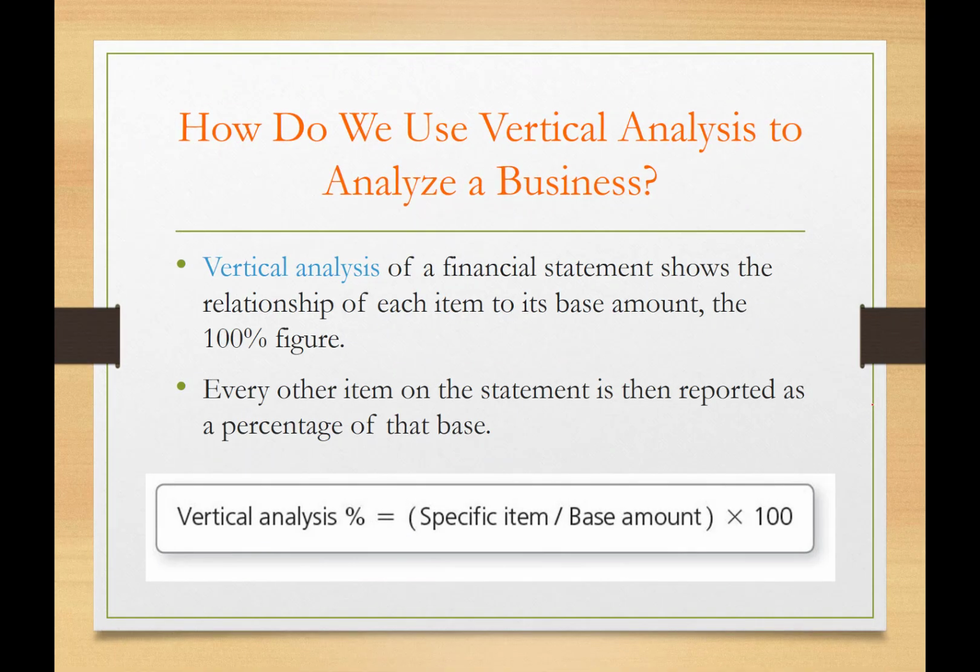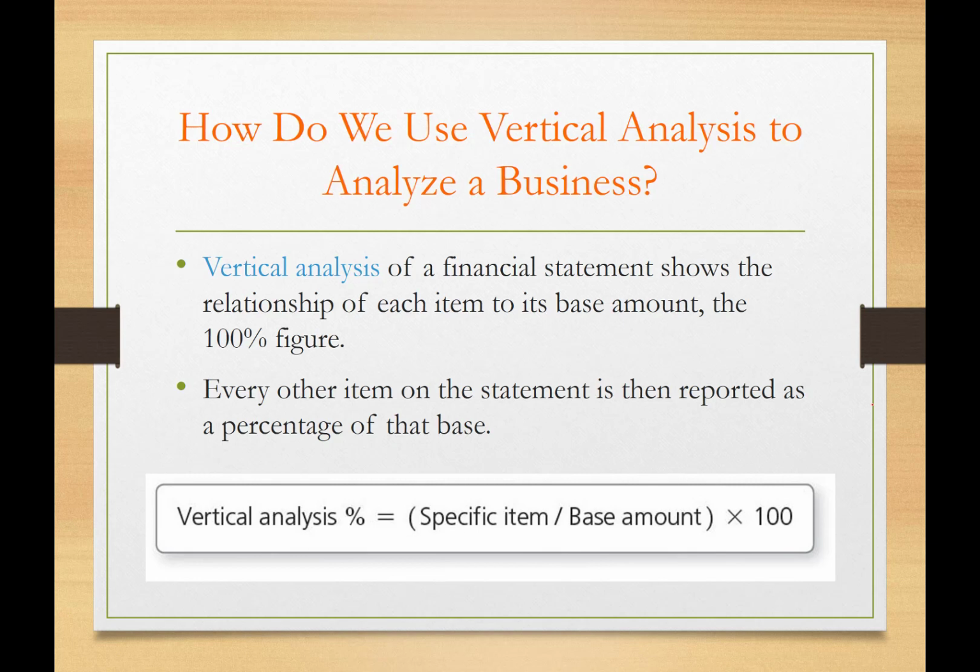All right, then we get to vertical analysis, and how do we use that to analyze a business? When you look at a particular financial statement, you would show the relationship of each item to the base amount. A lot of times you'd have to determine what base amount you would look at. If you think of your balance sheet, you could take the approach of total assets equals total liabilities plus equity.